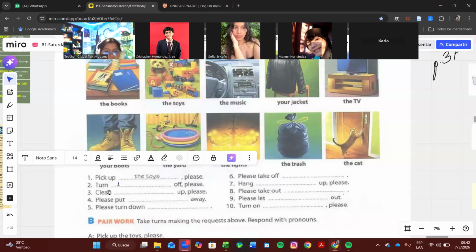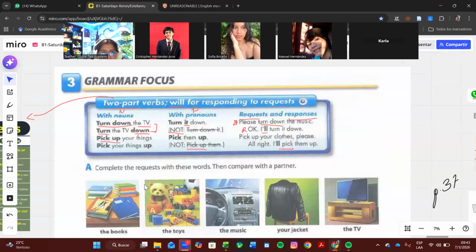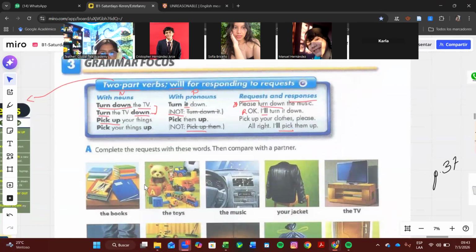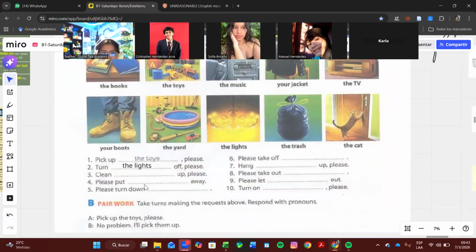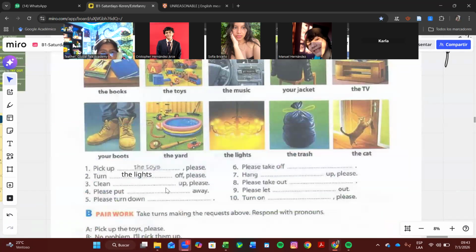Okay, so turn the lights off, right? So as you can see here, we can put it like turn off the lights or turn the lights off. Please, por favor, right?